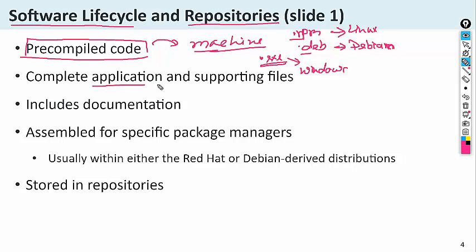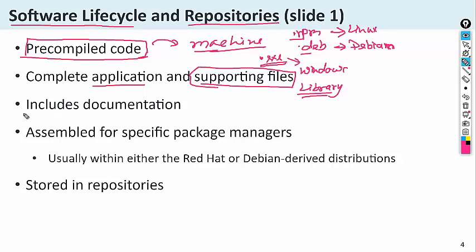So a complete application and its supporting files. Not only the source code is enough. There are some supporting files like libraries, some pre-defined functions, some global functions. These are used, and these are known as supporting files.